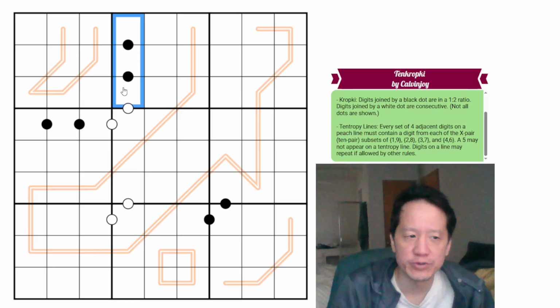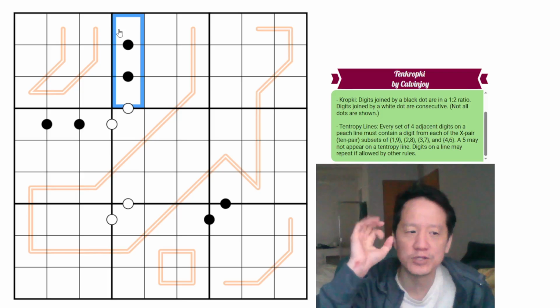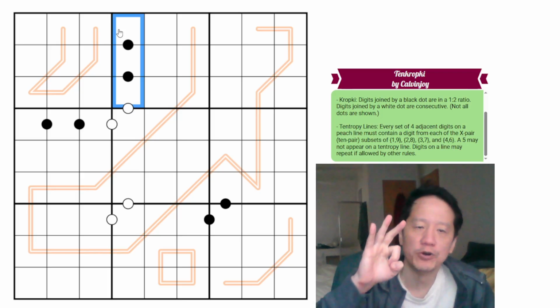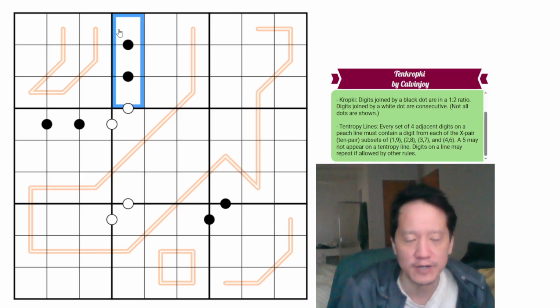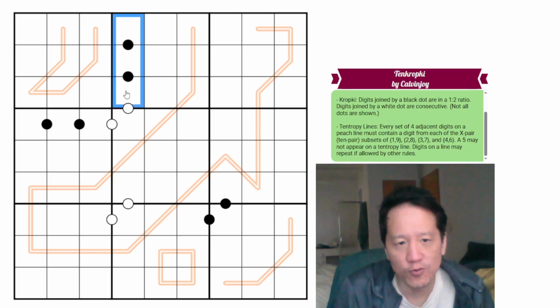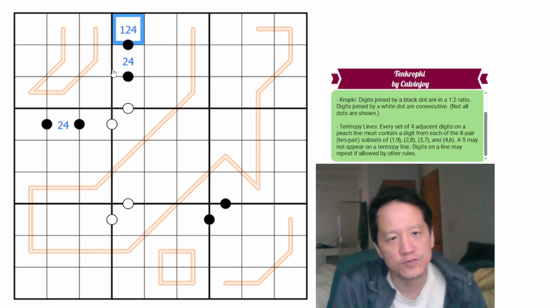Well, in my experience, basically in normal Sudoku, it'll always be either 1, 2, 4 or 2, 4, 8, right? Because those are the only sets of 3 digits where you can have one being double of one digit and then the next being double of that digit, right? So either way, 2 and 4 have to be here. So this is either 2 or 4. This is 2 or 4, and this is 1, 2, 4, 8. This is 1, 2, 4, 8. 1, 2, 4, 8 here, and 1, 2, 4, 8.